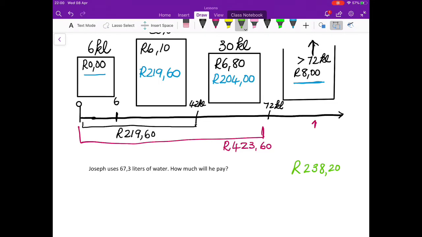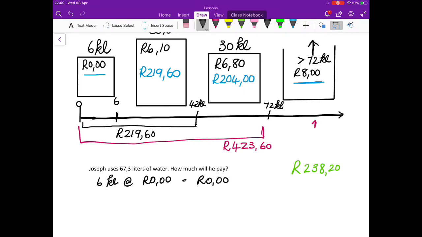Right, so now I said to you it was a good idea to put this table in here, because now you can see the 238 Rand will fit in between these two. So I'm going to start off the same way as I started the first calculation. Right, so we start off with our 6 kiloliters at 0, which is going to be 0.00.